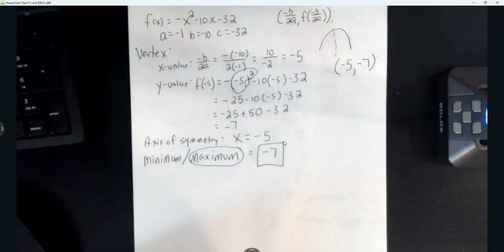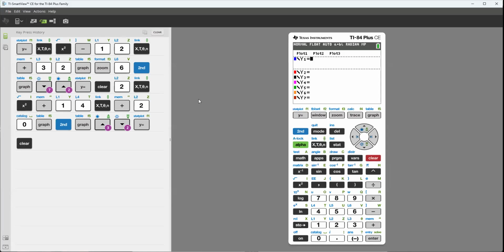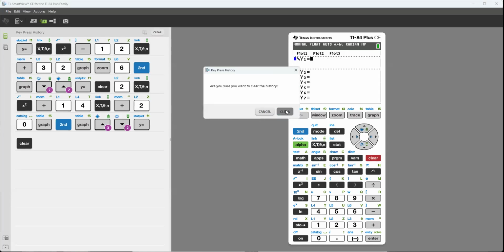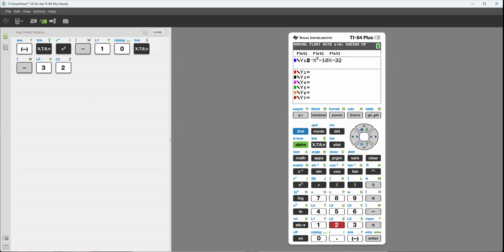Okay. And then let's go to the calculator and get a second point. So I had it negative x squared minus 10x minus 32.